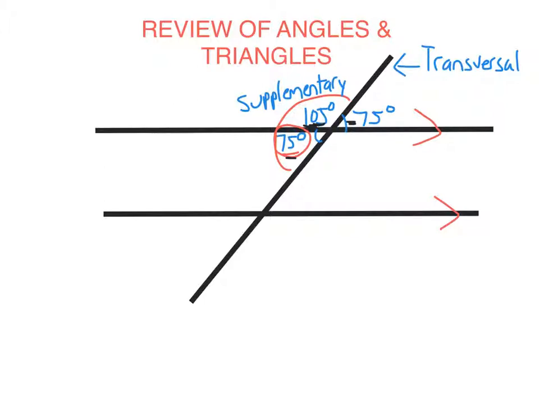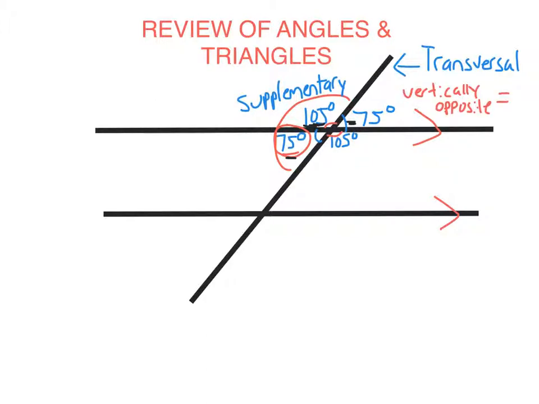Vertically means like they're standing up, and opposite means facing each other. So the fourth angle here will also be 105 degrees because it is vertically opposite to this angle, and that's just because of supplementary angles. So vertically opposite angles are always equal.